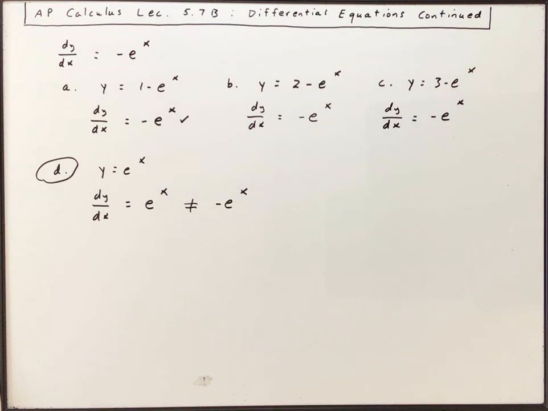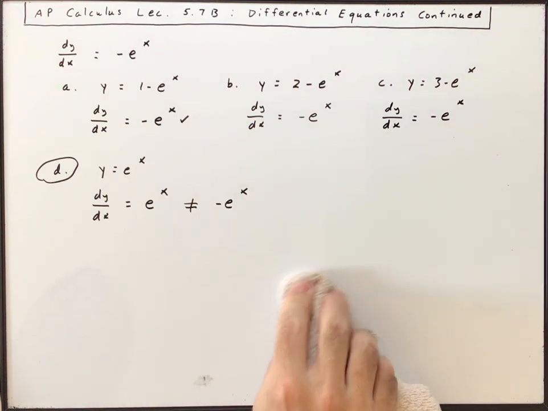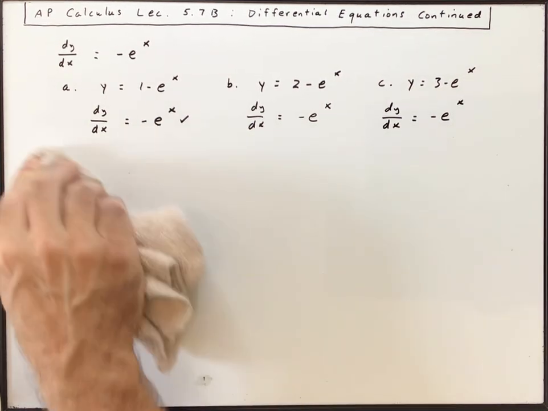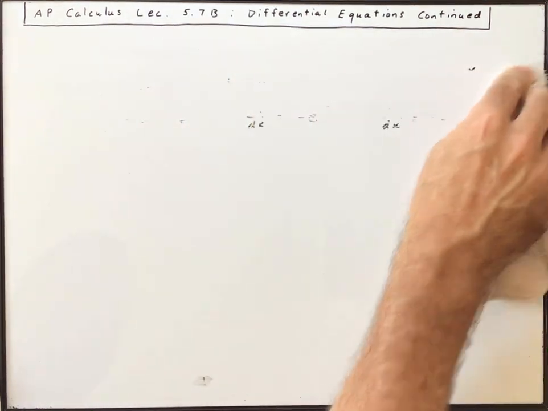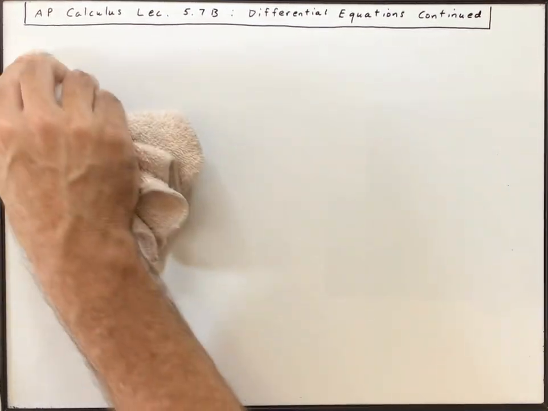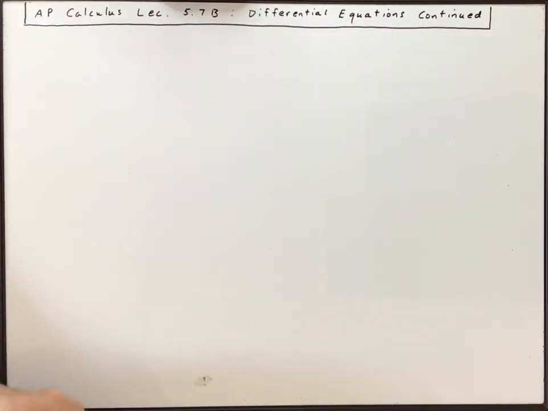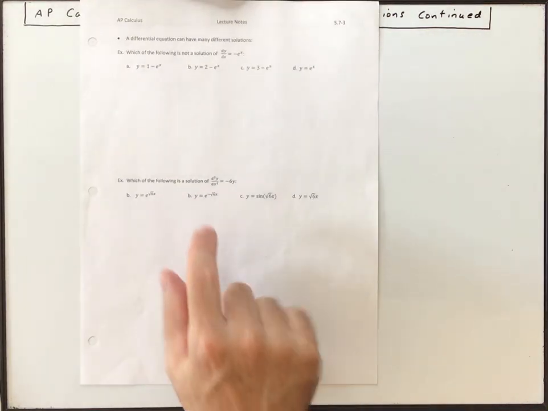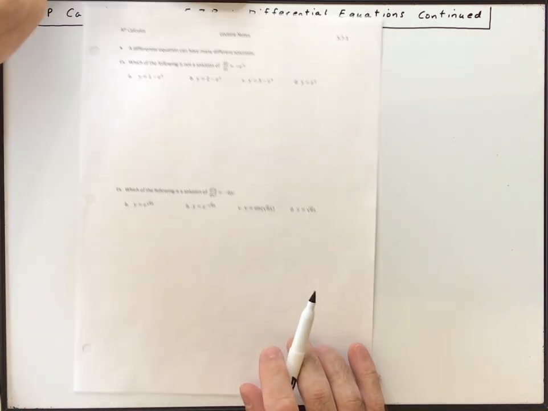All right, well, let's look at one that's a little more complicated, our second example. The instructions say, which of the following is a solution? We have the second derivative is equal to negative 6y.